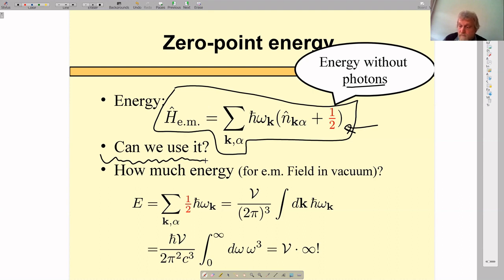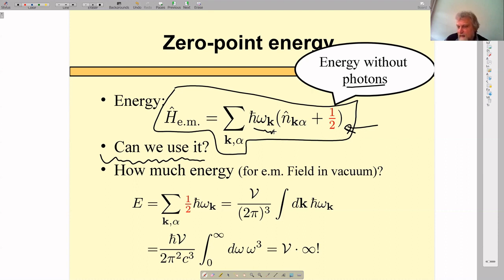Well, we could, but for this we would have to change the properties of the vacuum, namely the oscillation frequencies of these oscillators. If we do this, we can. Normally, we cannot. So this energy remains intact.